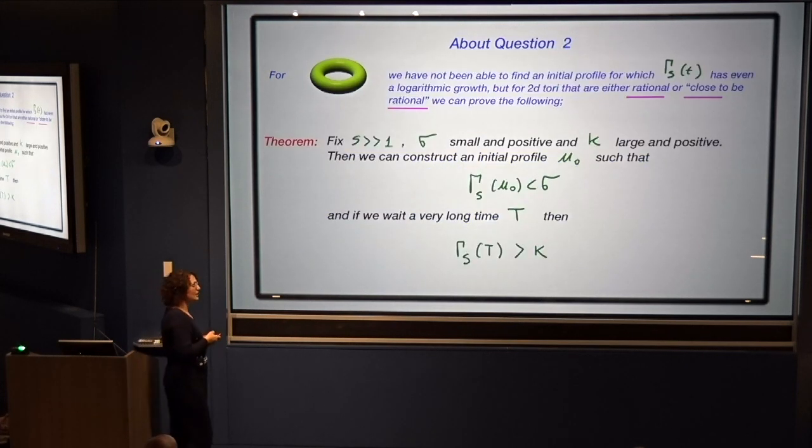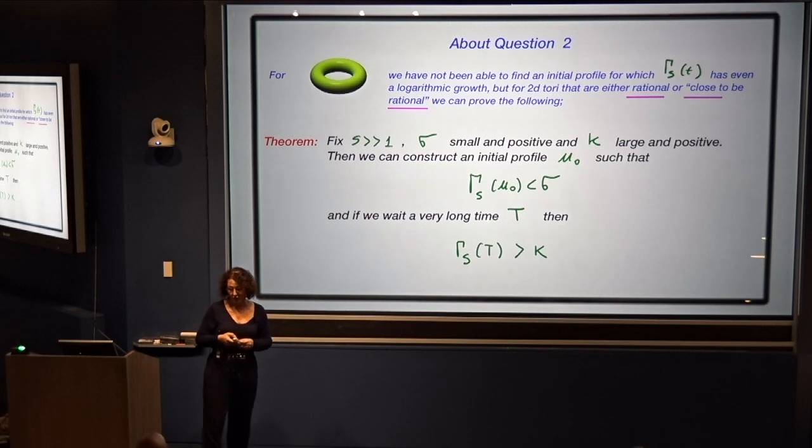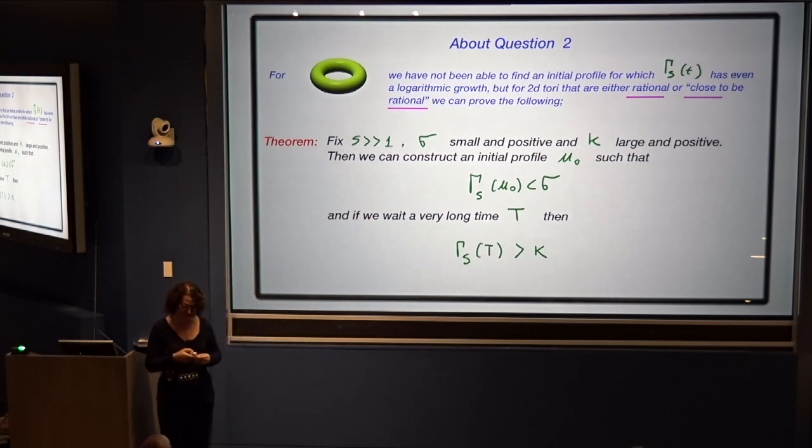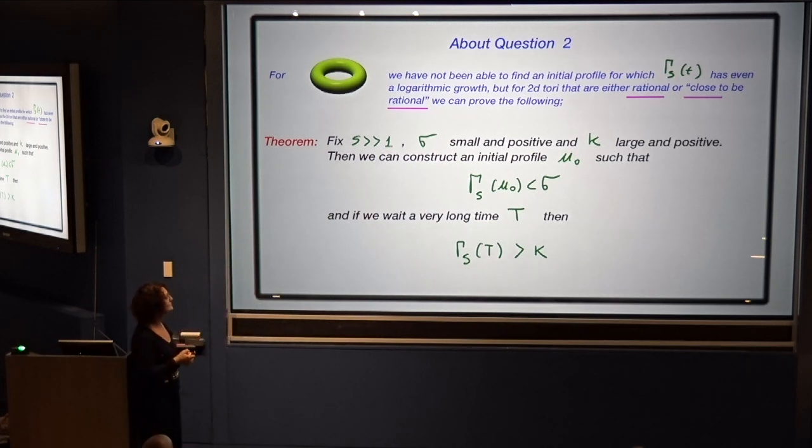About question 2, are there initial data that actually grow? Well, even that case is not completely settled. But one result that we know is the following. Let's fix s. So this is the quantity, the H^s norm of u, that I'm looking at. Let's fix an s, that's not important, let's think it's large.